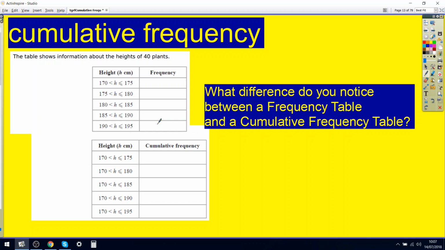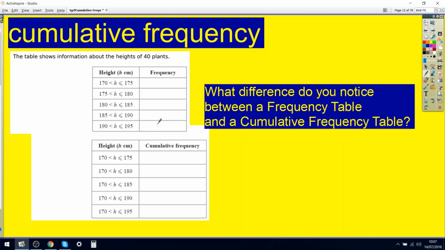So in the bottom table, the starting number is always 170. Yeah, that's it. And so it's always 170 in this case.